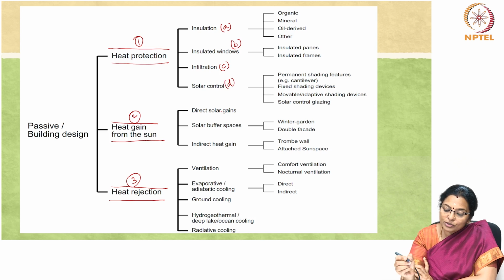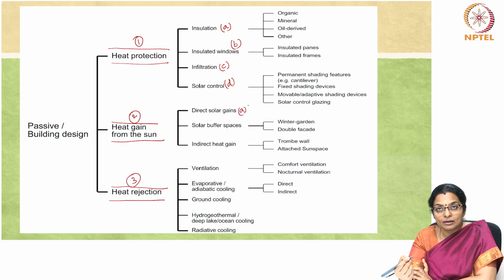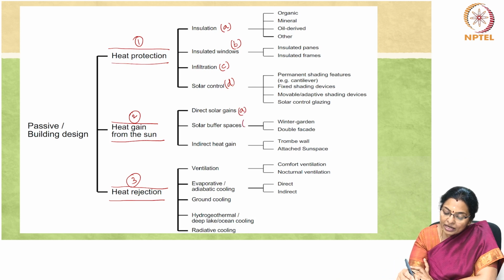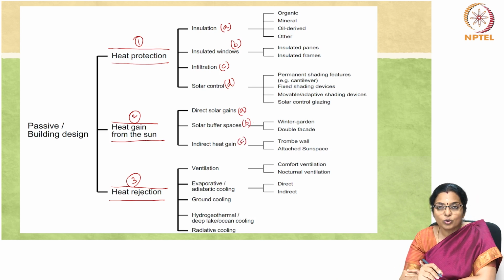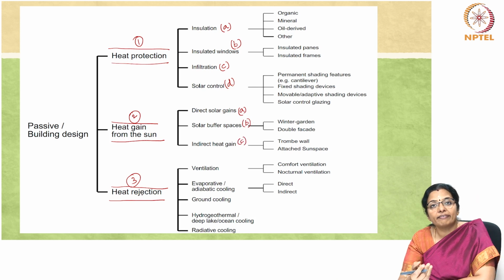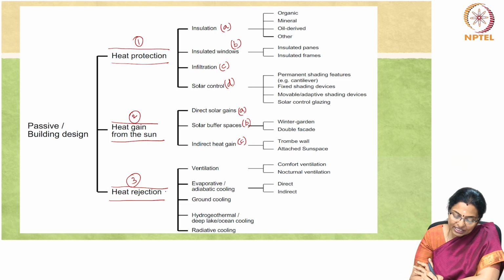We can also have direct heat gain from the sun, which can be direct, as we saw in the previous slide or last two slides back, solar buffer spaces, and third is the indirect heat gain. How do we reject or prevent heat? Heat rejection, or we can even call it as prevention.